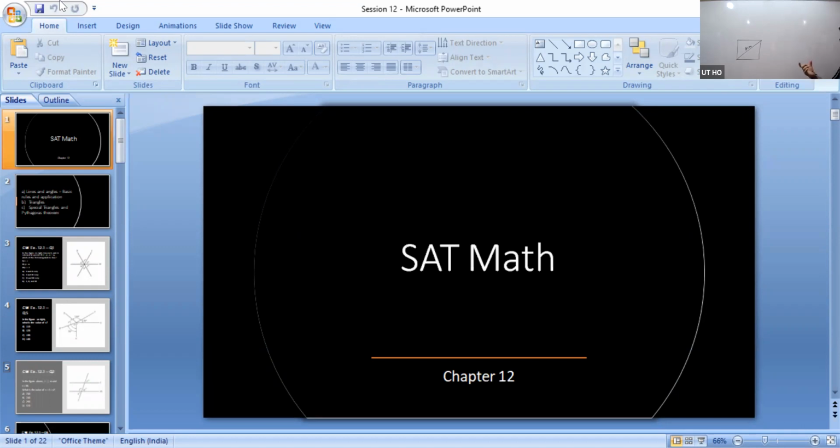So Ishan, what will be the side length for this square? Its diagonal length is given as 8 centimeter. Root 32. You can write 2 root 8.